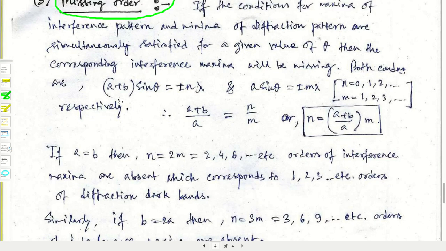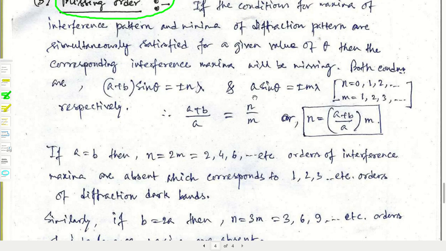Suppose there is a point on the screen where the condition for the interference maxima of order n, that is (a plus b) sin theta is equal to plus minus n lambda, is satisfied at that point, as well as the diffraction produces minima of mth order, that is a sin theta is equal to plus minus m lambda, also valid at that point.